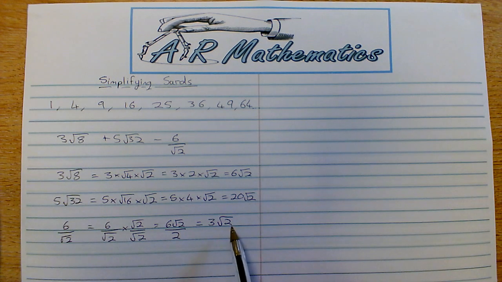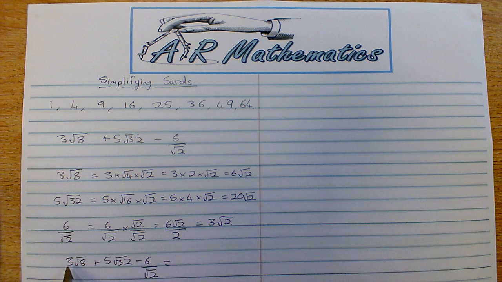Okay, all of these are now simplified, so it's just a case of answering the question now. So the question was 3 root 8 plus 5 root 32 minus 6 over root 2.